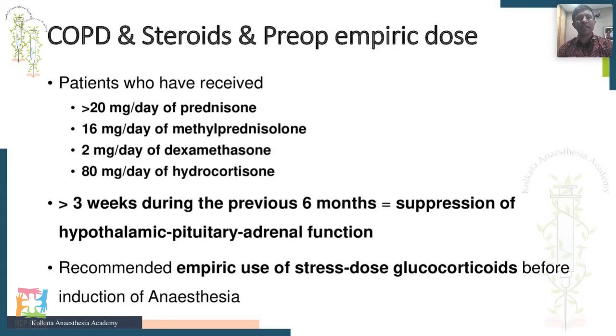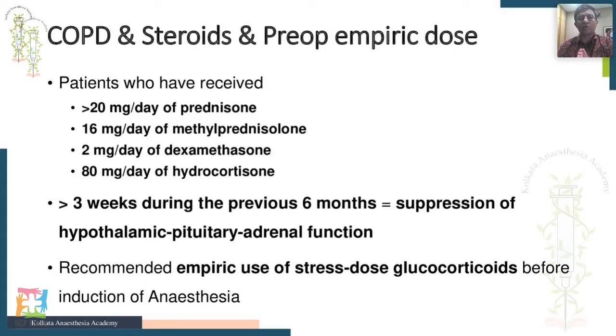Steroids, preoperative empiric dose. I think it becomes kind of a confusing thing, but it is very simple. If the person has been taking more than 20 milligrams of prednisolone or its equivalent, which is 16 milligrams of methylprednisolone, 2 milligrams of dexamethasone, or 80 milligrams of hydrocortisone per day, and if they have been taking this for more than 3 weeks in the last 6 months, it is likely to cause suppression of the hypothalamic pituitary adrenal axis.